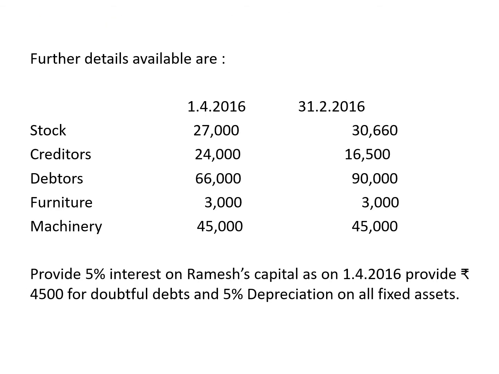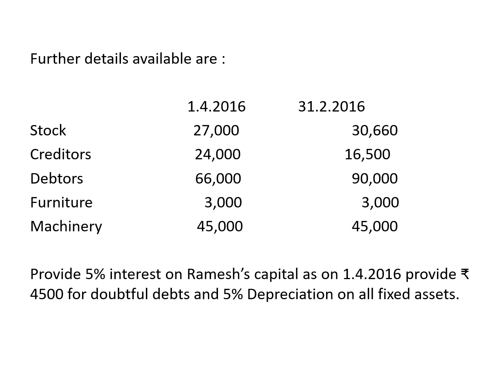Further details available are opening and closing balances. Stock as on 1/4/2016, 27,000. So this is nothing but opening stock. Where will you take this? One is to the opening statement of affairs and one more is trading account. We start the trading account with opening stock.